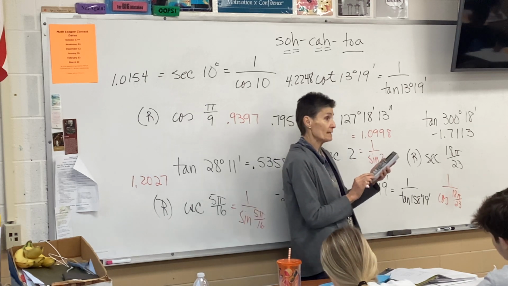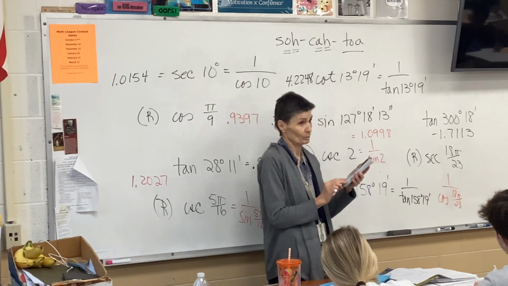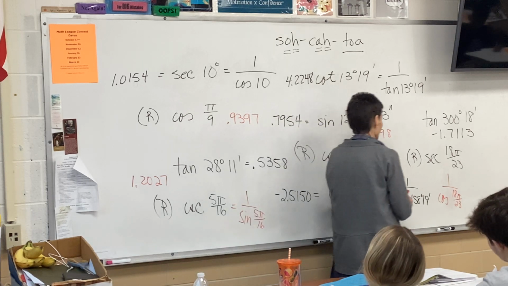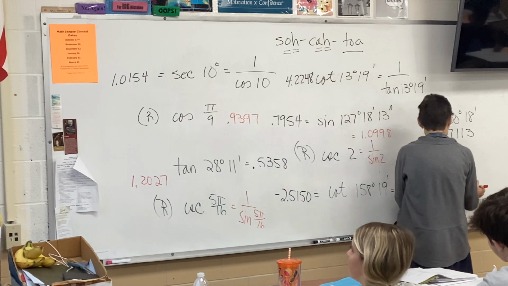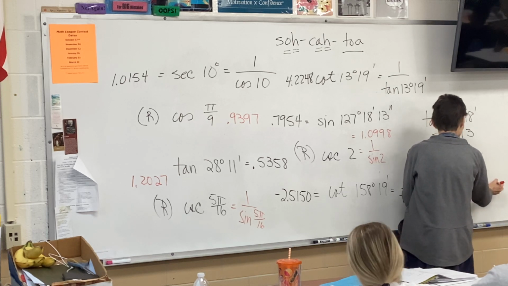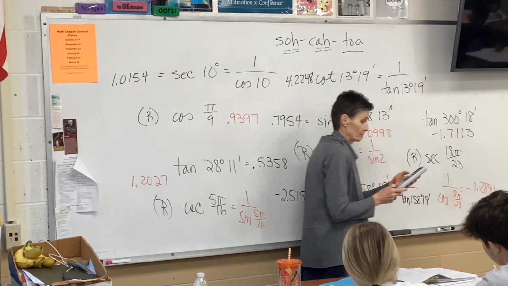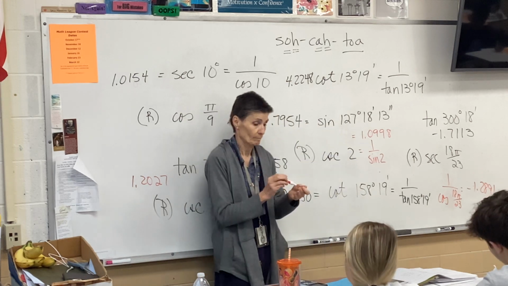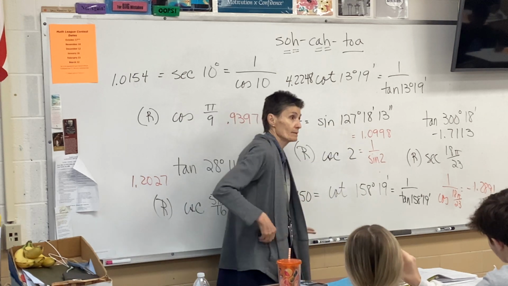You do not need any parentheses. Your calculator will take care of all of that for you. I got negative 1.2891. Is that what you got?